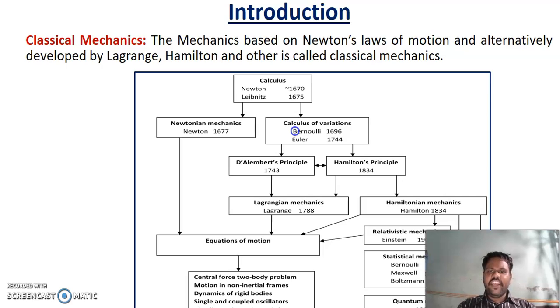Using calculus of variations, D'Alembert tried to understand the variational principles and virtual displacement and virtual work done. Using D'Alembert's principle, Lagrange in 1788 reformulated Newton's laws of motion, and this is known as Lagrangian mechanics. Similarly, in 1835, Hamilton reformulated Newton's laws of motion, and those are called Hamiltonian mechanics.